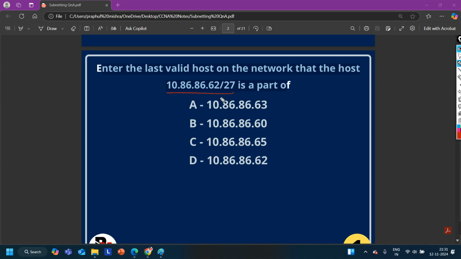First of all, tell me what will be the network ID of this IP address? Network ID is 10.86.86.0.